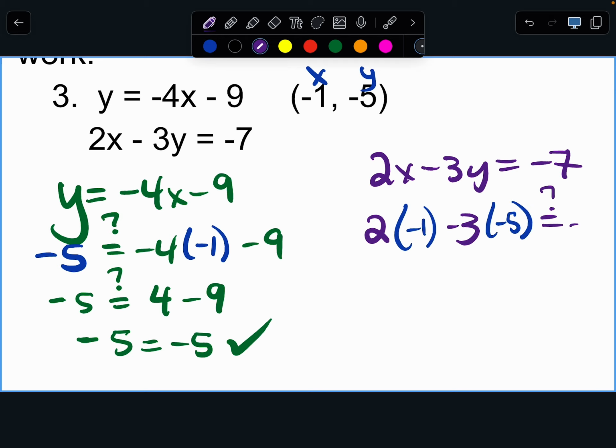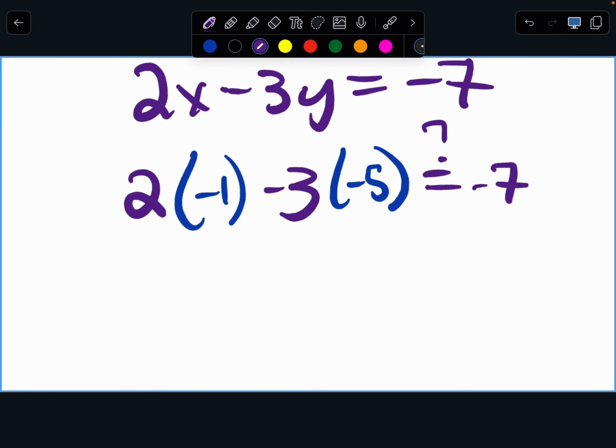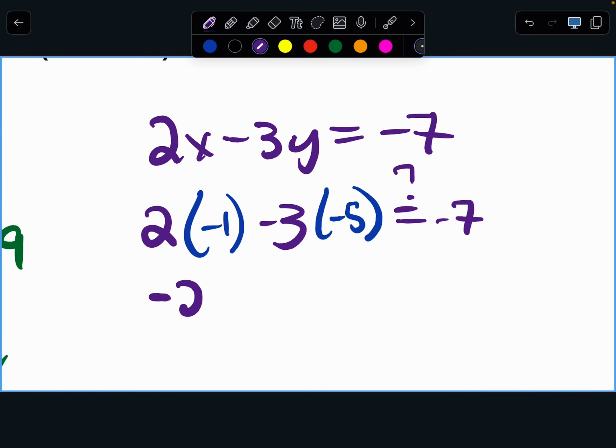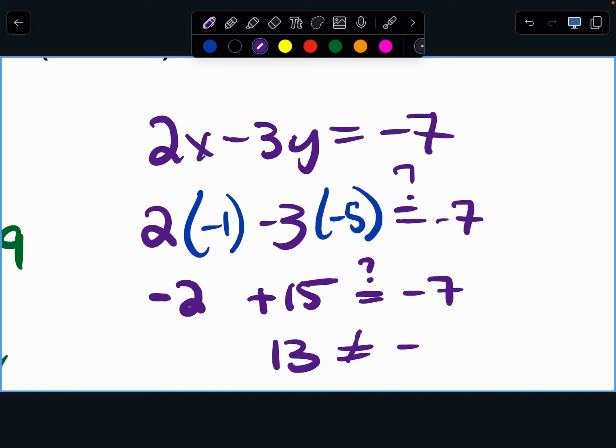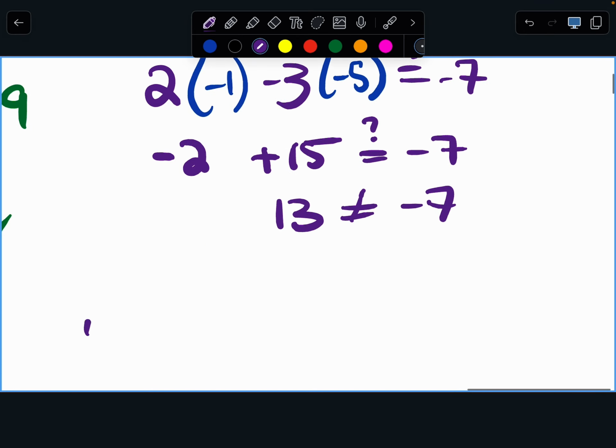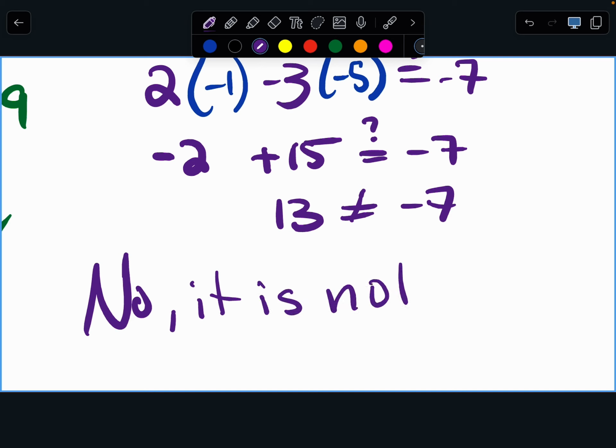Does that equal negative 7? So I do the equation. This would get me negative 2. That would give me plus 15. Does that equal negative 7? 13 does not equal negative 7. So no, it is not a solution.